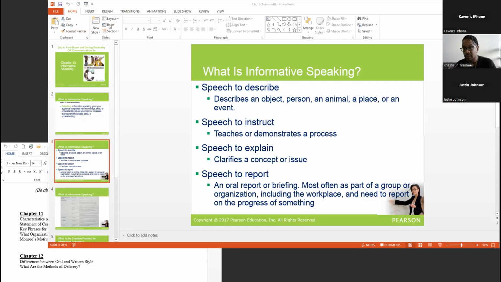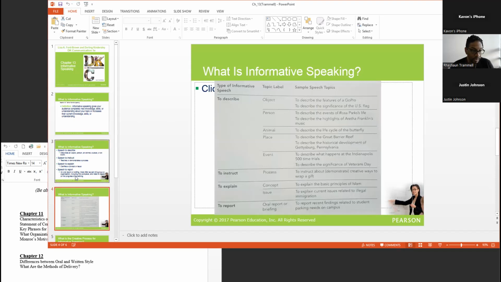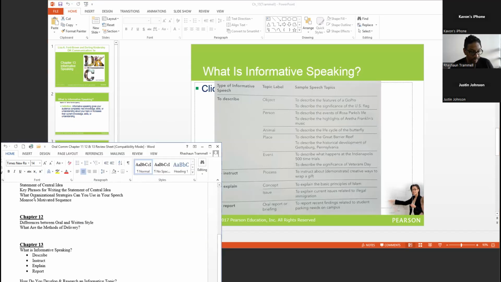Speech to report. So if maybe there was a fund drive, or maybe a mass intervention, going over what things worked and what was effective, what was not, all that kind of stuff. And to go into more detail about that, I got my chapter 12. I think I need to have this up here.